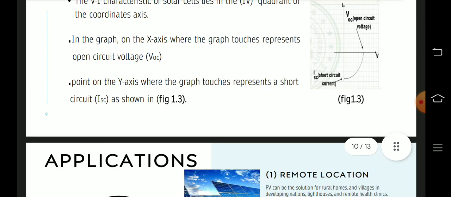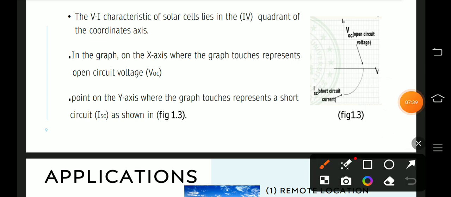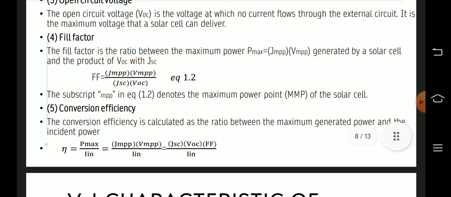When we draw the maximum area rectangle in this quadrant, the corresponding voltage and current give Pmax.